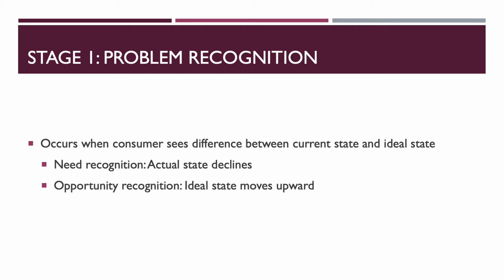When a consumer recognizes a decline in the actual state, it's called need recognition. When the ideal state moves upward, and the consumer recognizes an opportunity to reach it, this is called opportunity recognition.